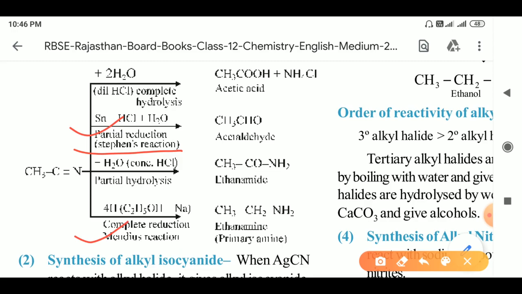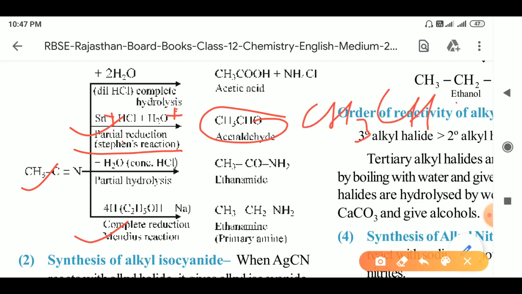When CH3CN reacts with tin chloride, SnCl2 plus HCl, in the presence of H3O+, that means in the presence of acid, it gives acetaldehyde, CH3CHO.